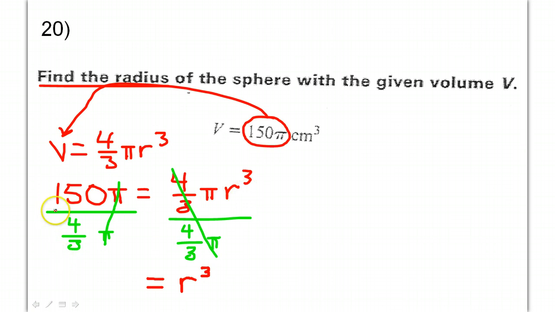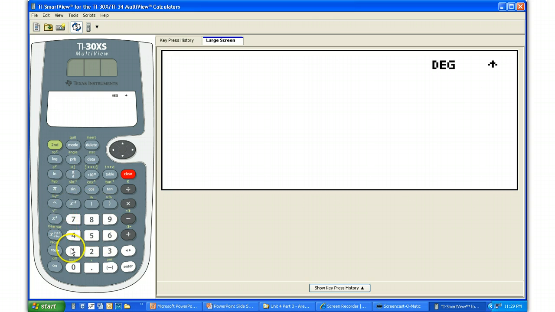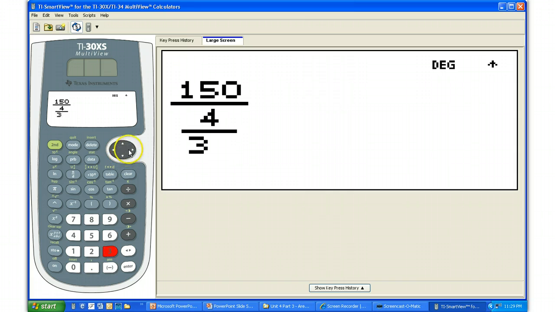So this is going to give me r to the third power left standing. Now over here, 150 divided by 4/3, let's take a look. So that's 150 over 4/3. And again, if you have the pi up here and the pi down here, you're still going to get the same thing that I'm about to get.